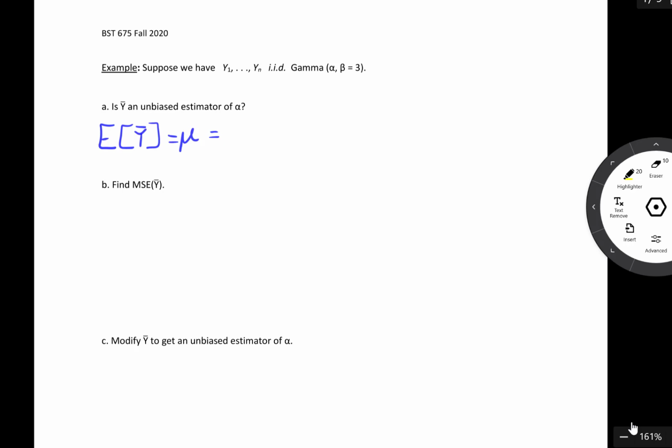Now since we are working with a gamma distribution, we know that mu is equal to alpha times beta. And we're given that beta is equal to 3, so this is going to be equal to 3 alpha. Notice that this is not equal to alpha, so therefore Y bar is not an unbiased estimator.